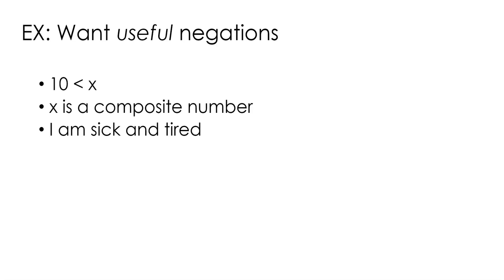So the negation for this would be, I am not sick. Sorry, I don't know the opposite of sick. I am not sick, or I am not tired. The negation of an and is an or. And similarly, the negation of an or is going to be an and. We'll formalize that on another slide, but right now, you want to take this and that negated becomes not this or not that.